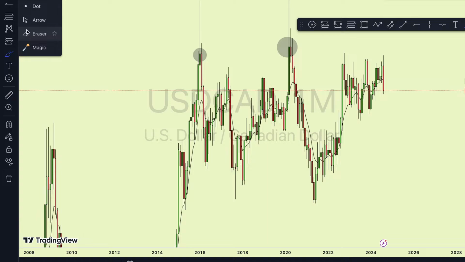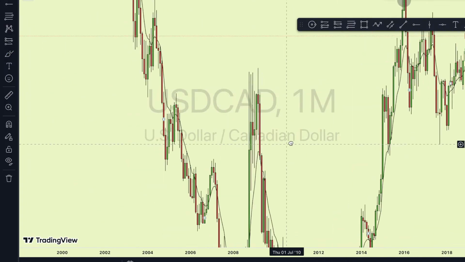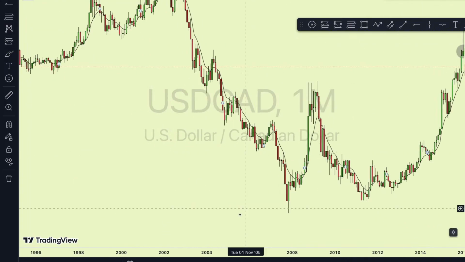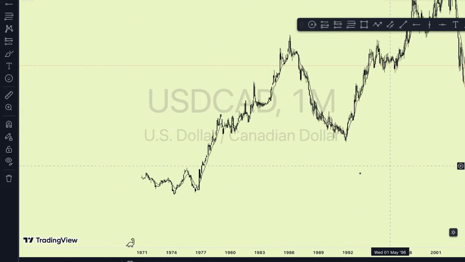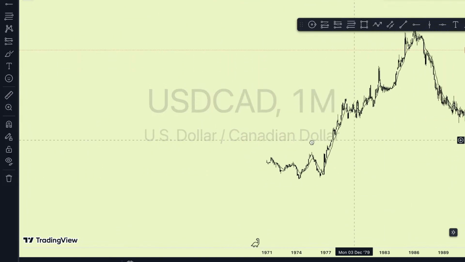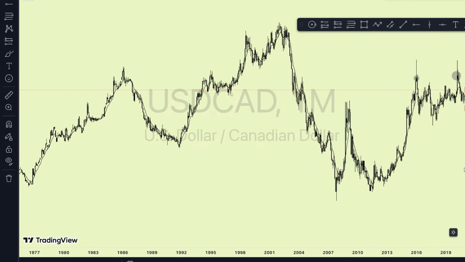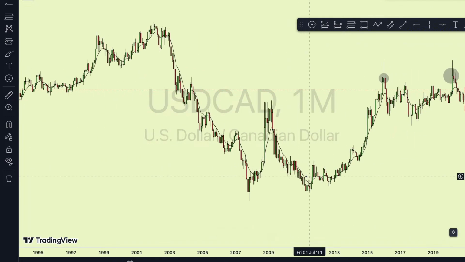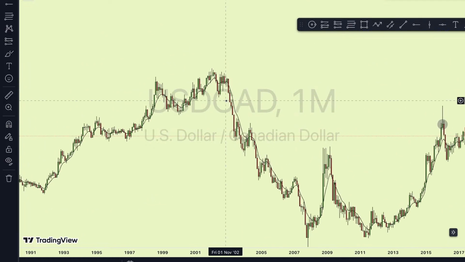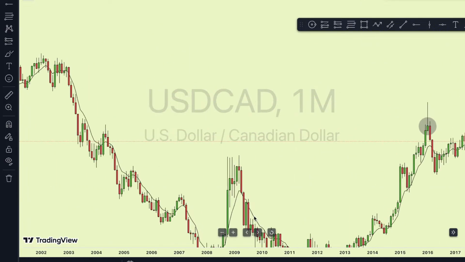So now, if we go back and we look at the structure here, you can see here. What are we looking at on the monthly here?